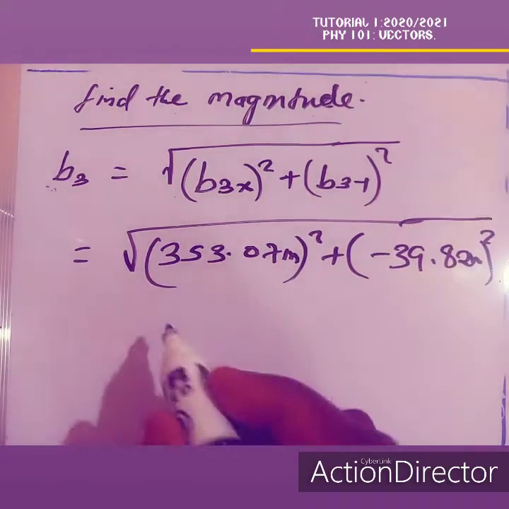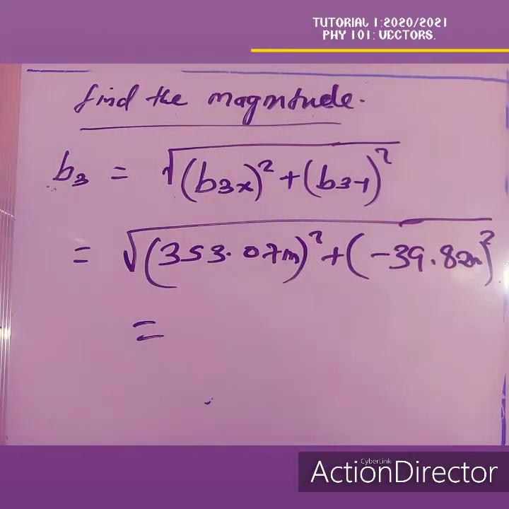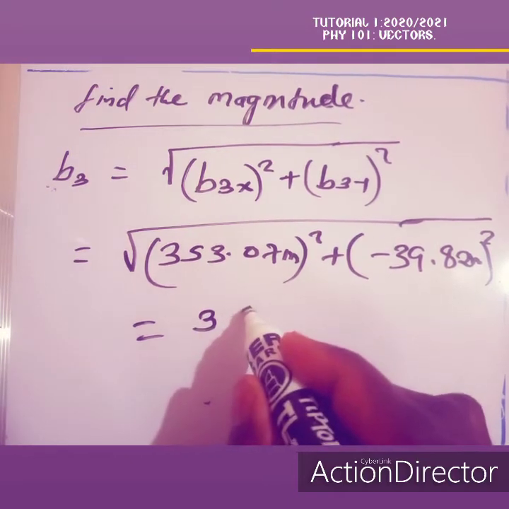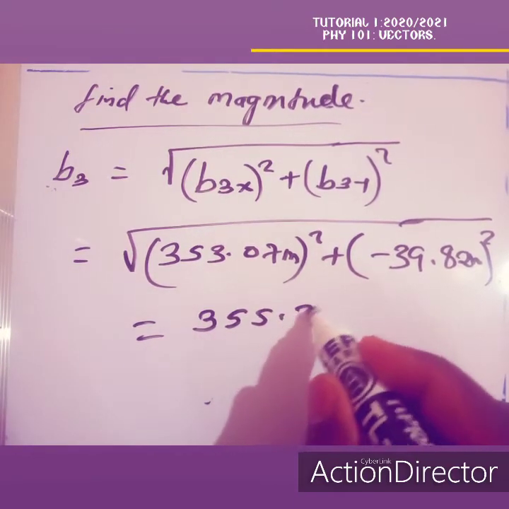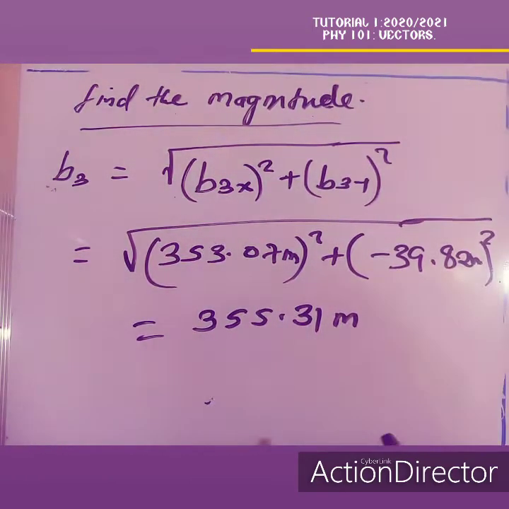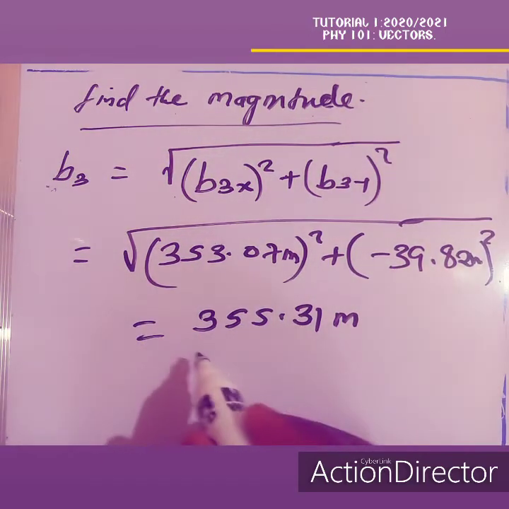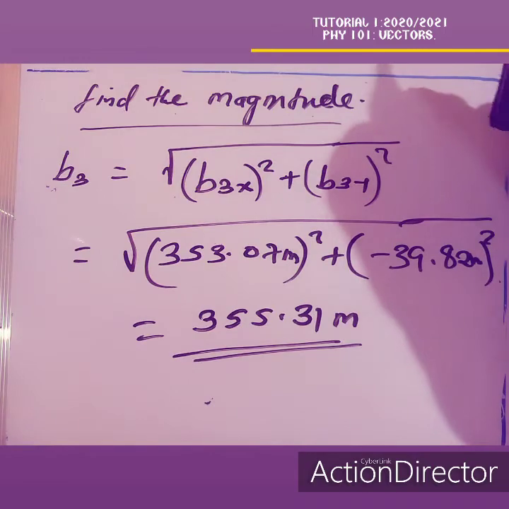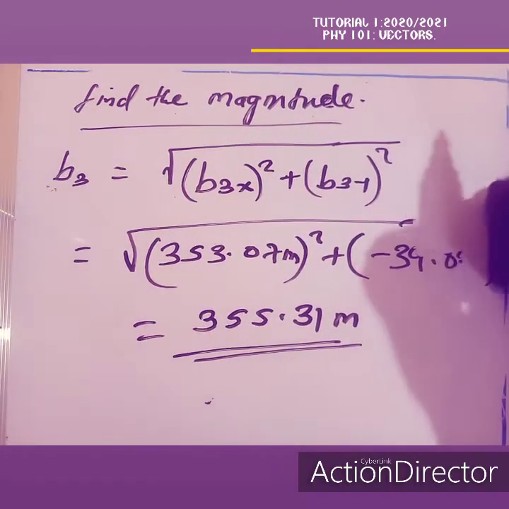If we punch it on the calculator, it gives us something like 355.31 meters. So our B3 in magnitude will be 355.31 meters.